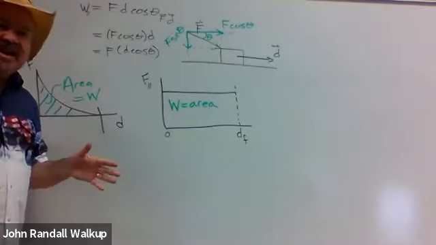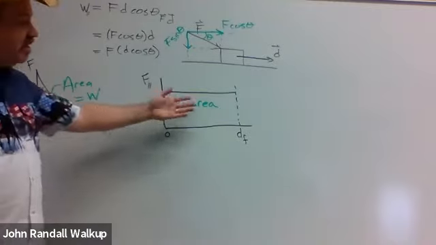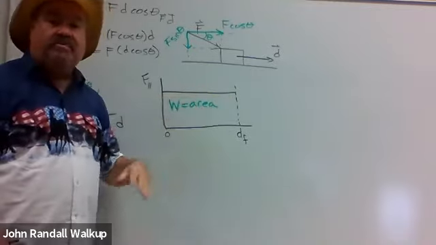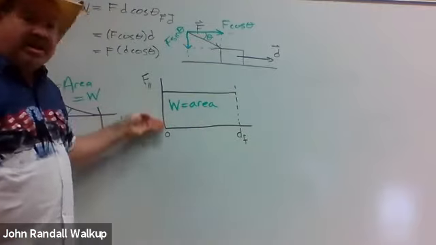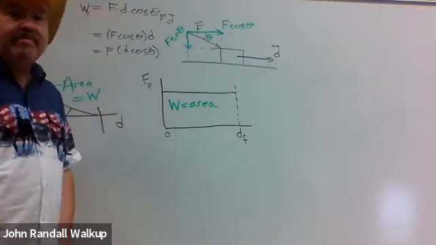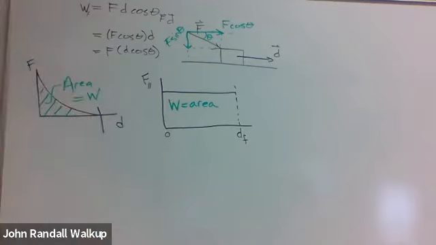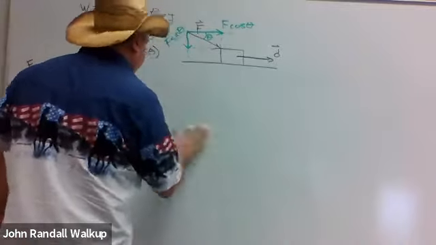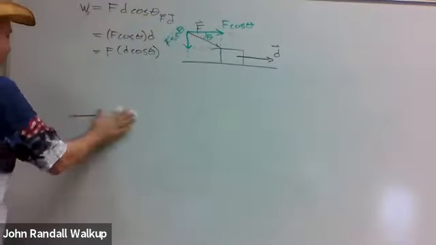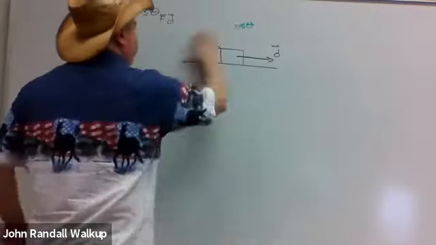There are lots of techniques for doing that. Here, it's just a rectangle. The area is just the base times the height. All right. So those are some loose ends to tighten up a little bit.